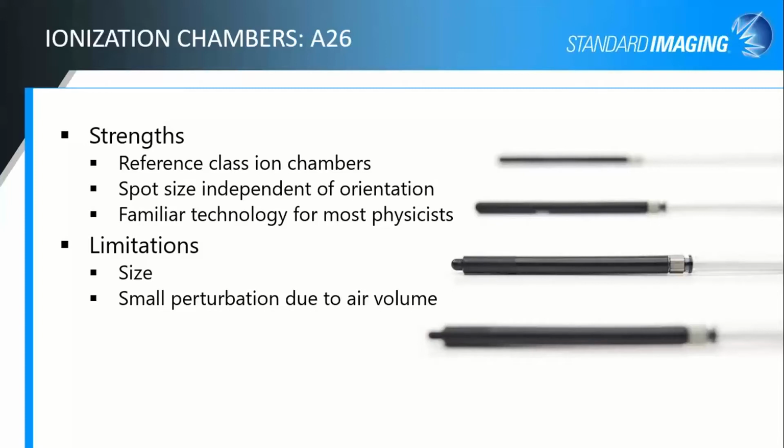Limitations of the ion chamber is that although it's as small as we can make it, I don't think you'll find a well-behaved ion chamber any smaller than this ever. We have very, very good processes. We've been doing this for a long time, and this really is the smallest you can reasonably make something like this. There is a small perturbation due to the air volume. It's not a perfect point. Ion chambers never are.